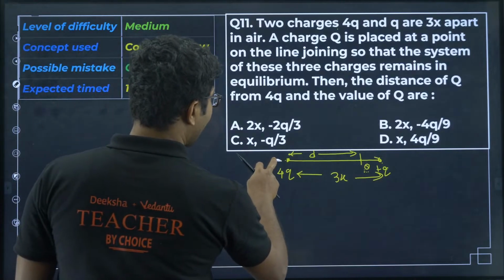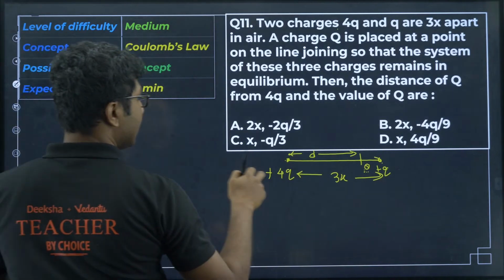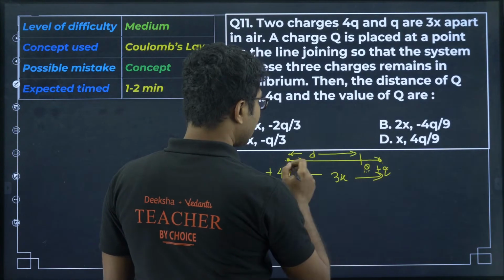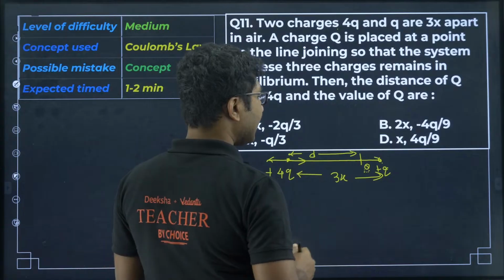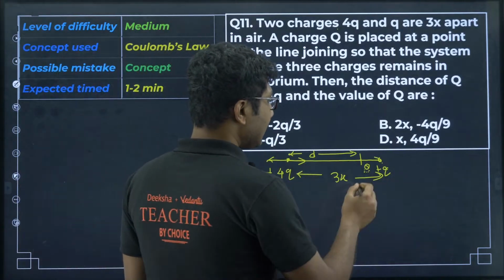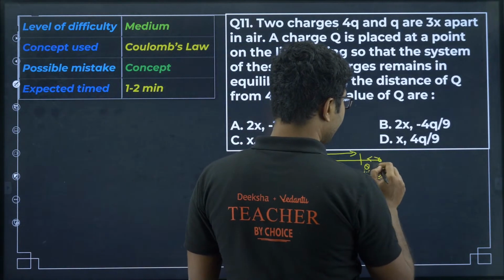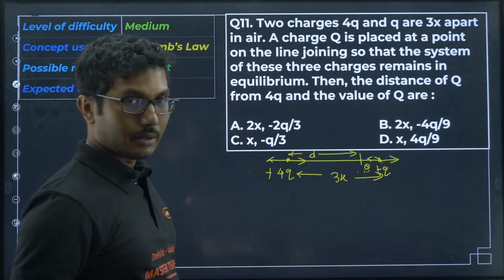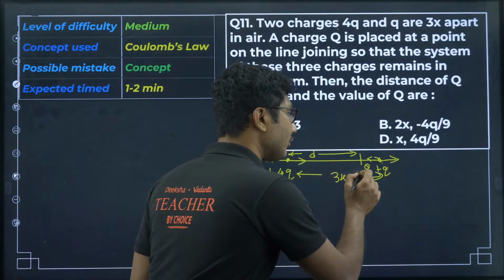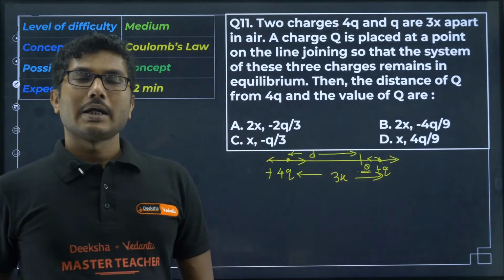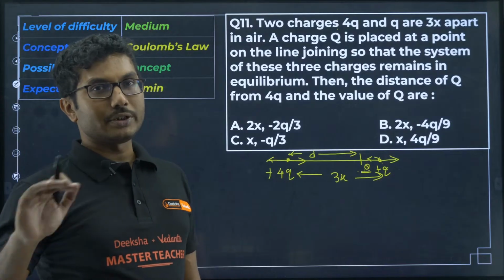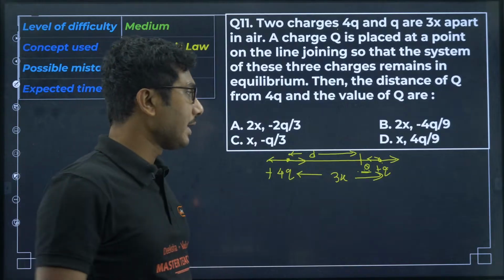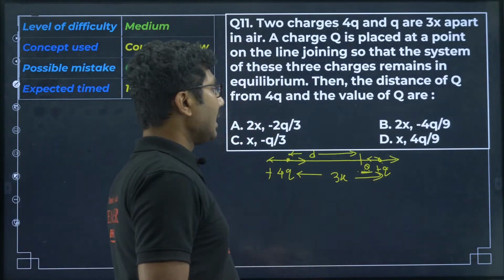Then capital Q will attract this charge and small q will repel this charge, and they will be in balance. Similarly, capital Q will attract small q and 4q will repel it, so they can balance each other. For the equilibrium of the charge in between, it can be positive or negative, both are fine. But if you consider the equilibrium of the entire system, then capital Q has to be negative.